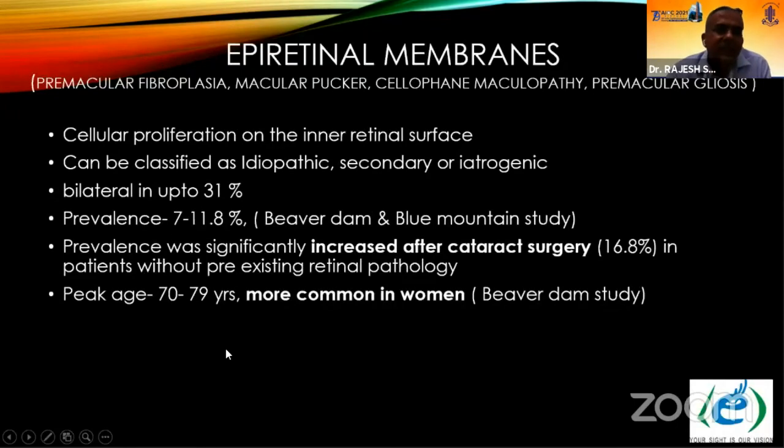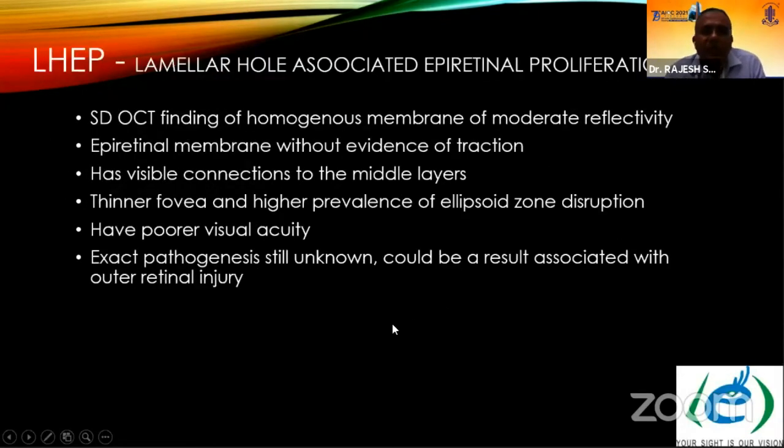Before going into other details of ERM, we will discuss the interesting type, lamellar hole associated epiretinal proliferation, or LHEP. This is an OCT finding of a homogeneous membrane of moderate reflectivity. It's an epiretinal membrane without evidence of traction, has visible connections to the middle layers, a thinner fovea and a higher prevalence of ellipsoid zone disruption, and has a poorer visual outcome.